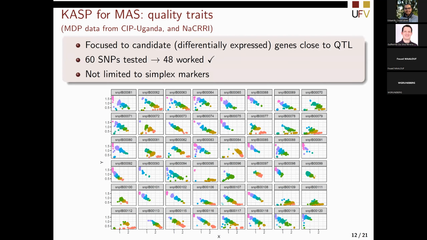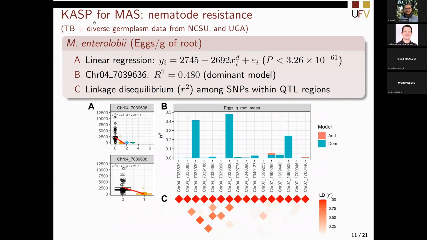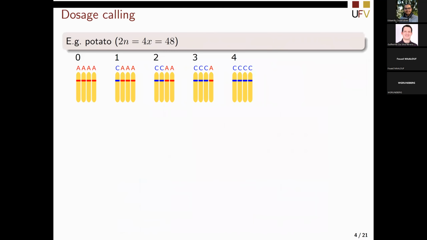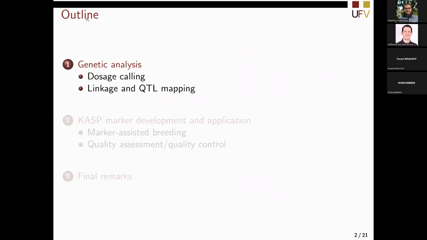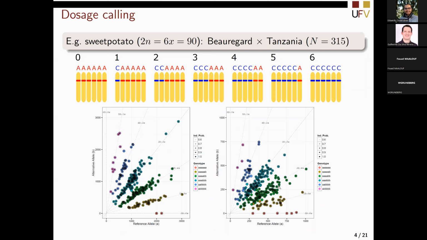Yep. So naturally, you will find a lot of variation in the read depth. So I guess the answer for this person would be that it is possible. That's indeed what you would do in GBS. One way, and people are trying this right now, would be to consider the dependency among markers because of linkage, at the same time as you call the dosage.